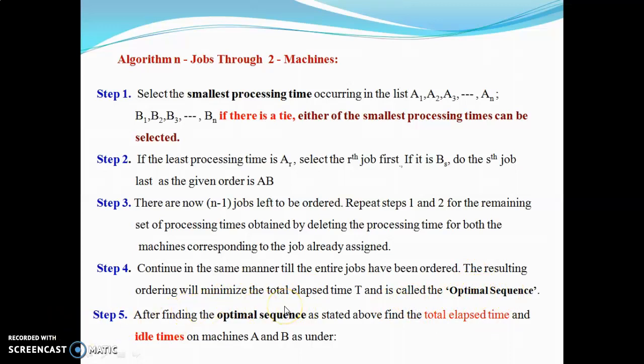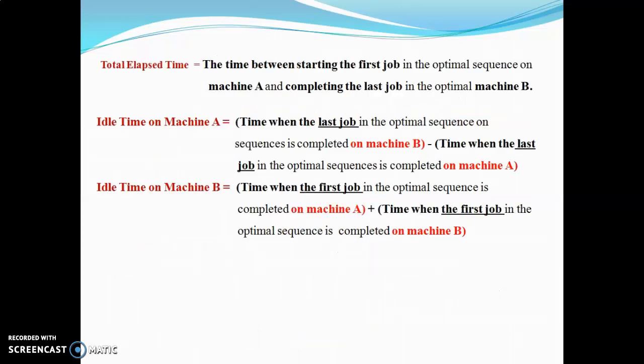Now the final step, step 5. After finding the optimum sequence as stated above, find the total elapsed time and idle time on machines A and B. In the previous lecture we already covered what is meant by elapsed time and idle time. How do we calculate the total elapsed time?